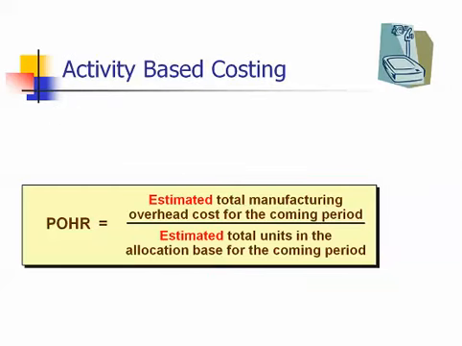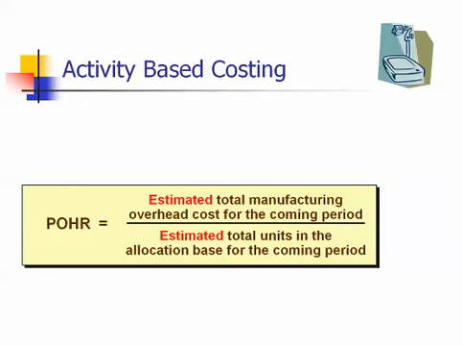While using a single plant-wide predetermined overhead rate, as described in Chapter 2, is simple, it may inaccurately assign cost to products. Activity-based costing is an alternative approach that attempts to more accurately assign overhead costs to products for financial reporting and other purposes. The idea behind activity-based costing is really rather simple.